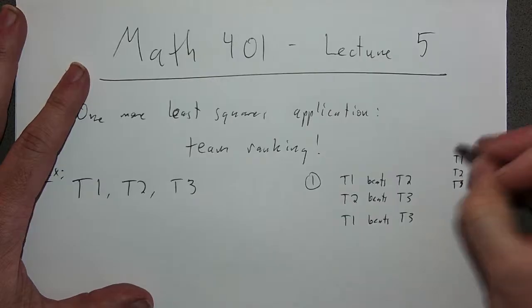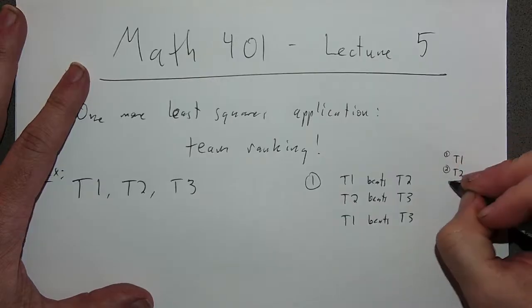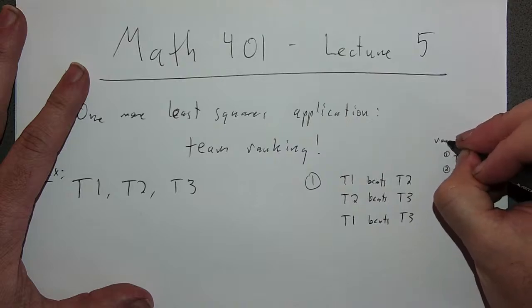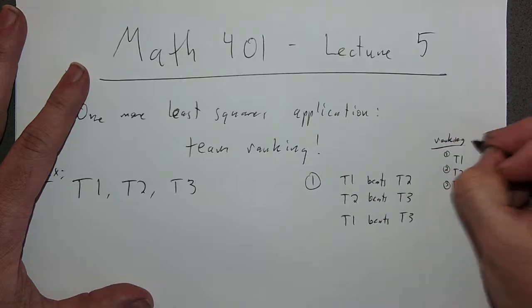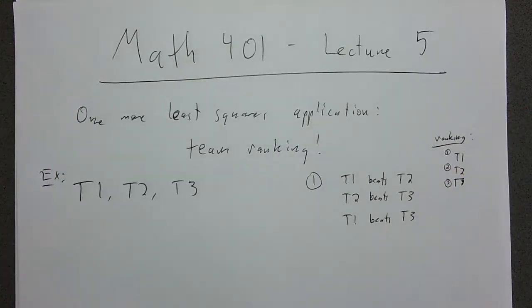This would be our ranking, and I don't think anyone would have an issue with this ranking. Of course, this requires that the games work out like this, which, if you follow sports at all, you know oftentimes does not work out so cleanly.